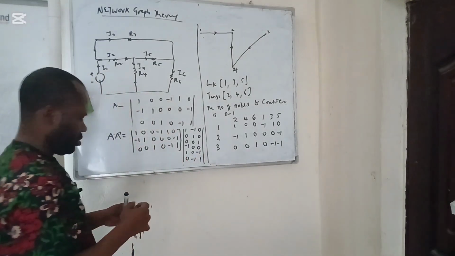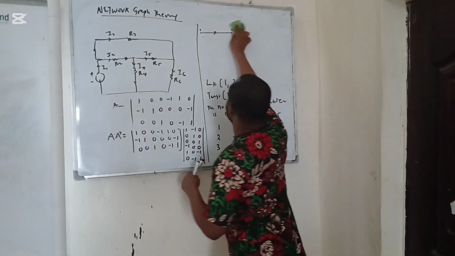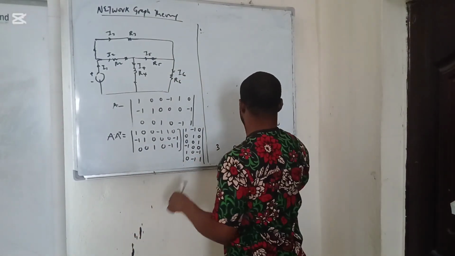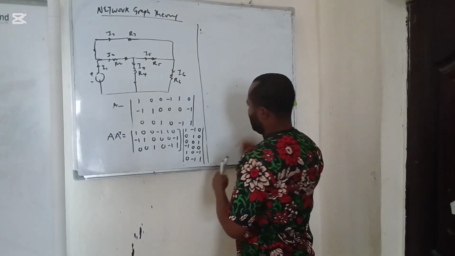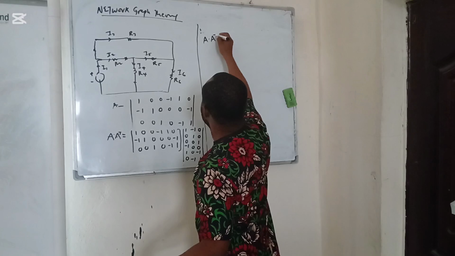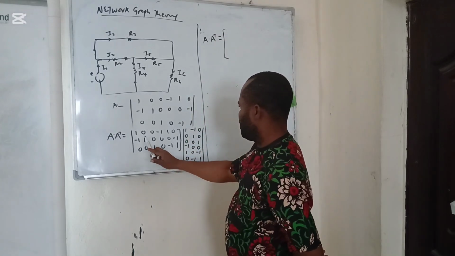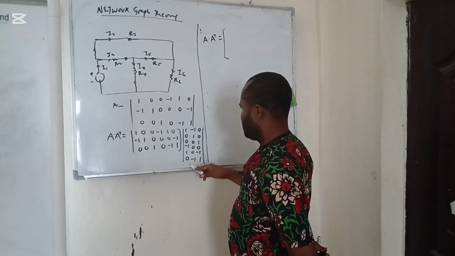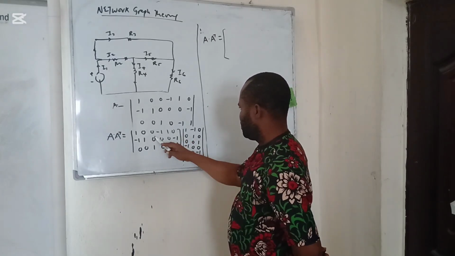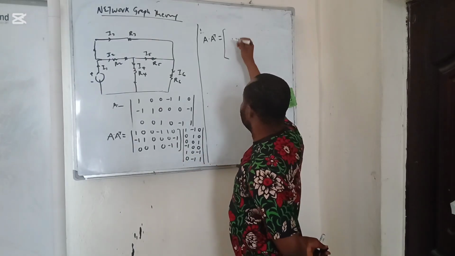So when we multiply this, we are going to have a 3 by 3 matrix. So at this point we have this times this, which is equal to, and when we multiply this and this, this will be 3.